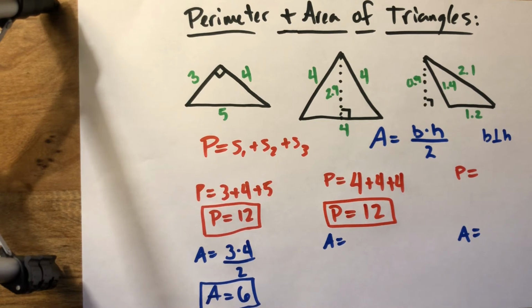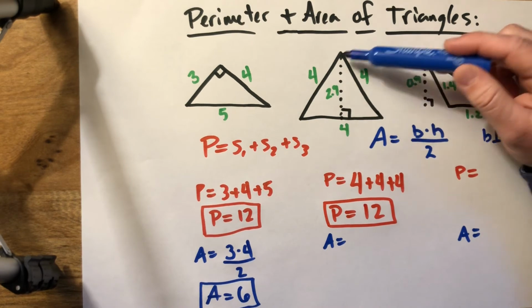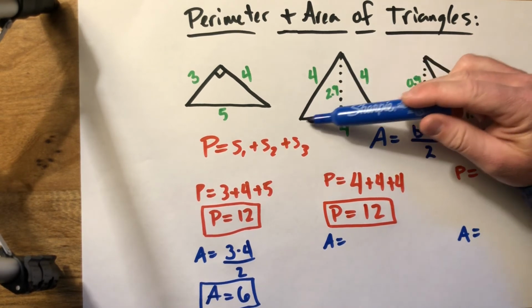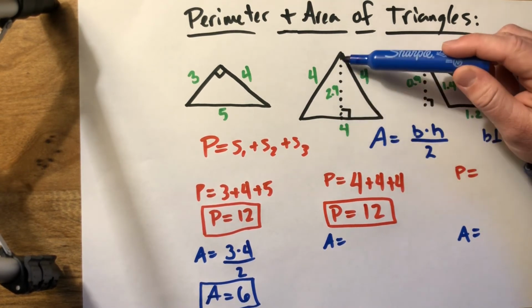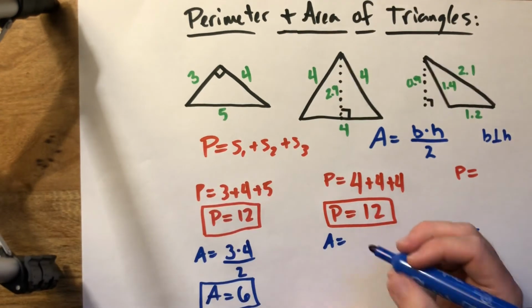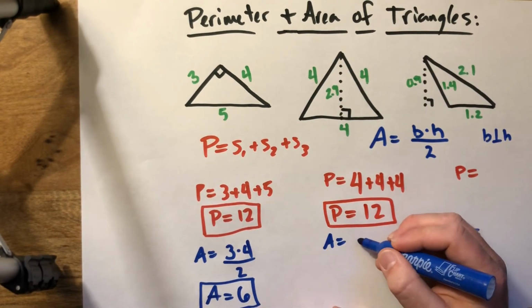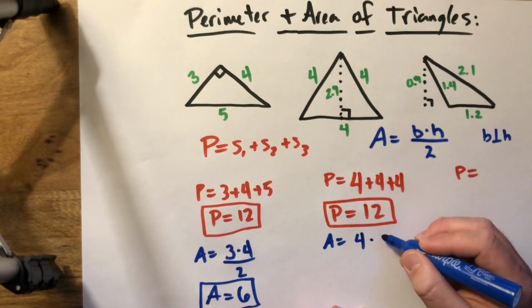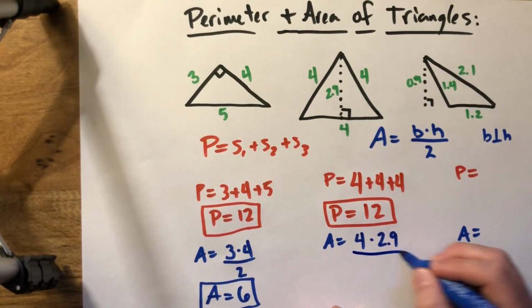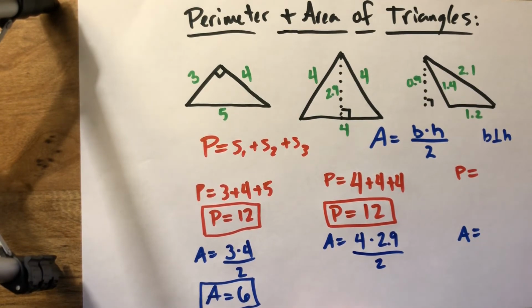Next, for area, we're going to go base times height divided by 2. Here's the difference. We're not going to be using these two 4s up here. We're going to use base times height. So base is 4 times height is 2.9, and we're going to divide it all by 2. Just to make sure, I'm going to get my calculator out.